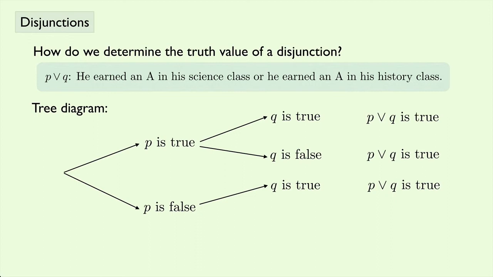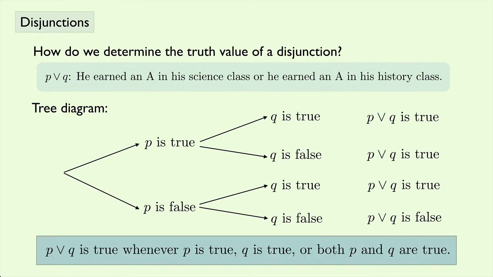And for the same reason that we saw for the previous one, this would also be true for P or Q. Now, everything has been true so far, but what if they're both false? So he earned an A in his science class is false, and he earned an A in his history class is false. Those are both false. So what about P or Q? Well, now it's false. Since both of these things are false, if you have something false or something false, overall the whole thing is false.